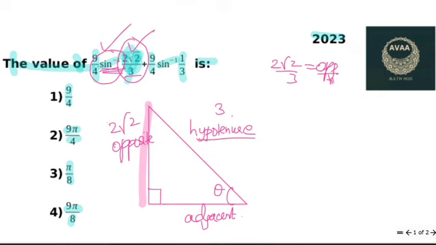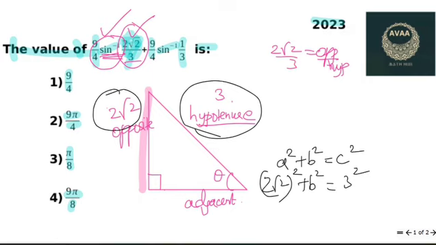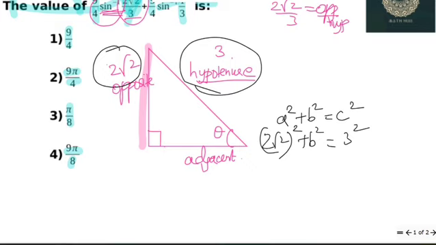Now we are going to use our Pythagoras theorem, a square plus b square is equal to c square. c square here is 3 square. One of the sides we can assume as a, so 2 root 2 the whole square plus b square is equal to c square. Now 2 root 2 whole square means 2 square gives 4 and root 2 square gives 2, so 8, and 3 square is simply 9.